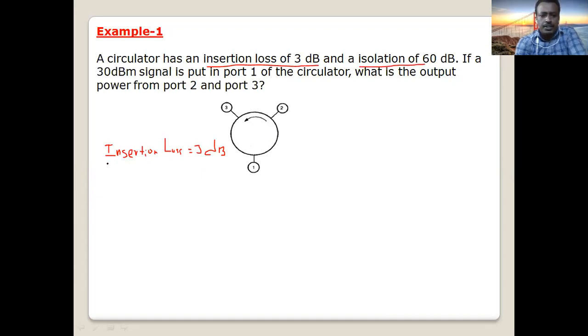The isolation for this particular circulator is 60 dB.